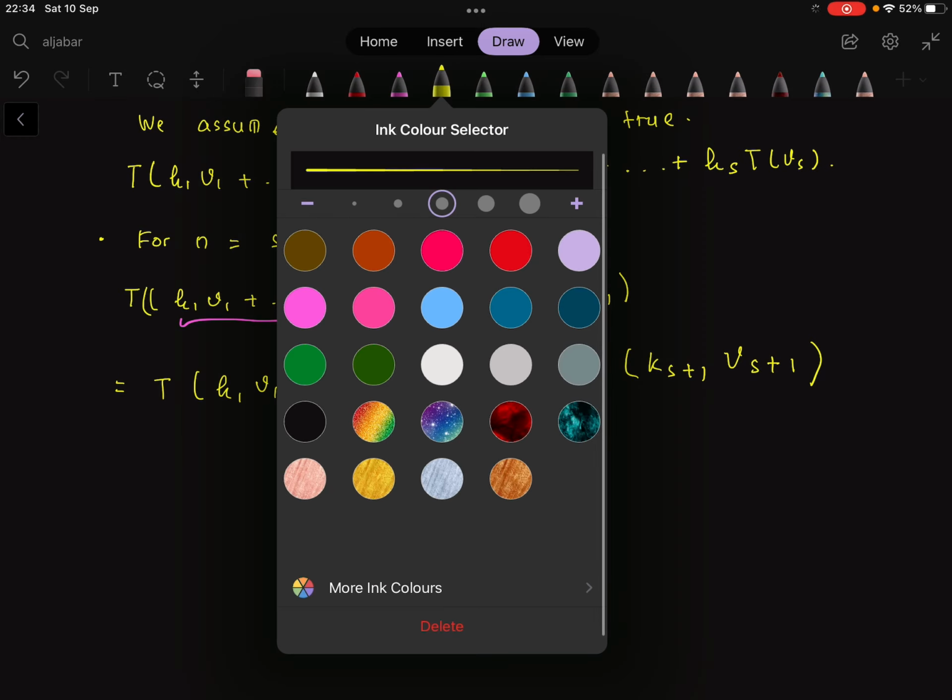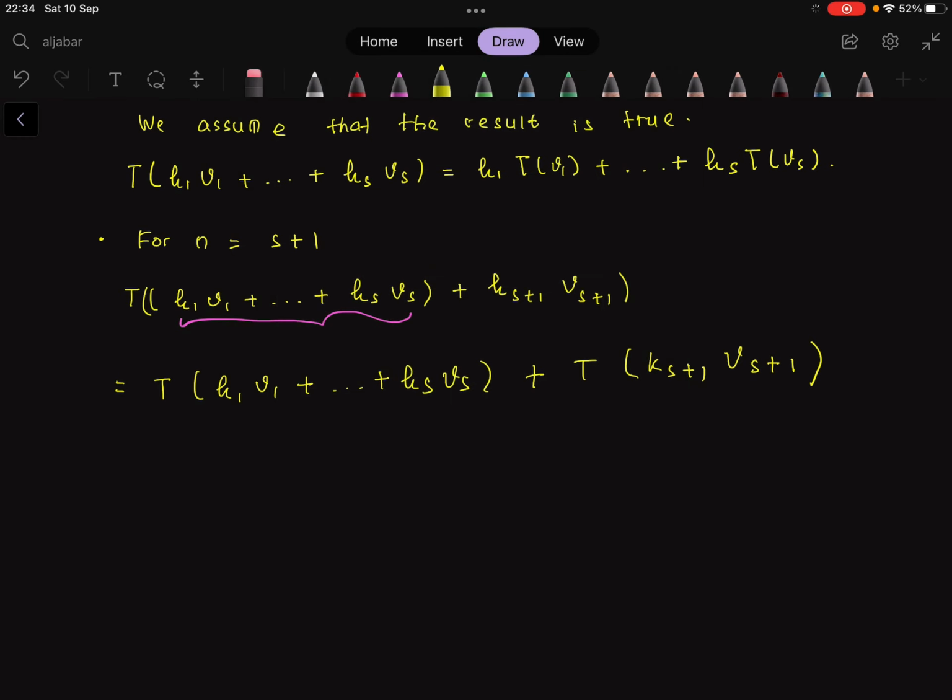By assumption we know that this is true, so this is equal to k1 T(v1) plus ... plus ks T(vs). This is by the assumption before.